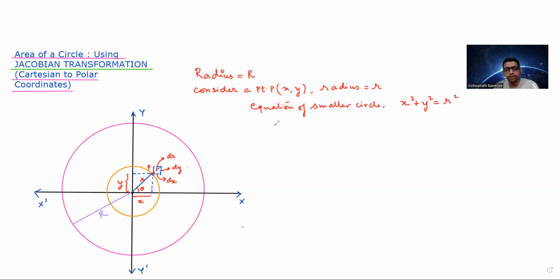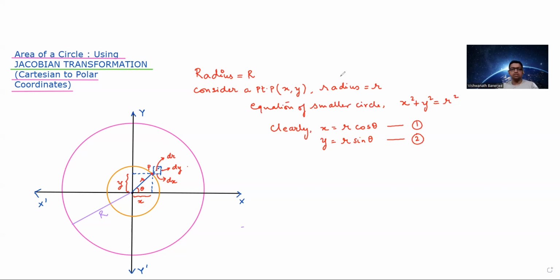That is, x equals r cos theta and y equals r sin theta. Let me mark these as equation 1 and equation 2.